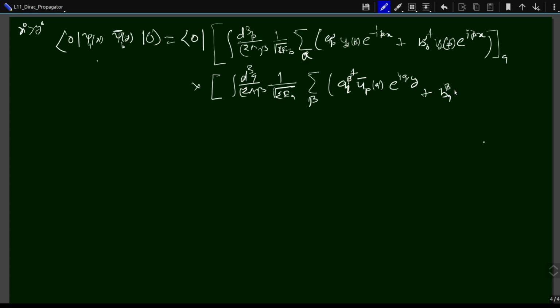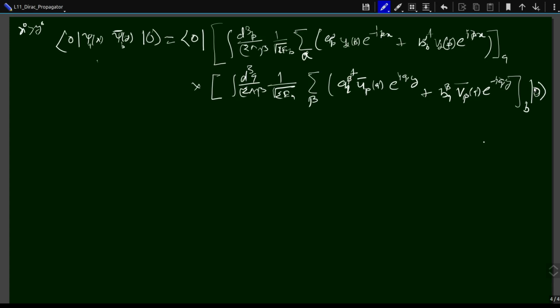Now I'm taking the conjugate, and I have v bar beta q exponential minus i q dot y, and I want the b-th component of it, and then I want to project onto the vacuum.